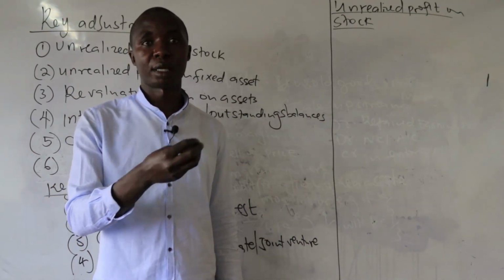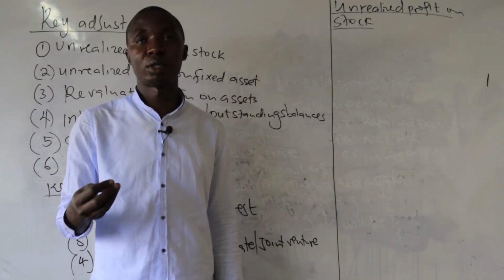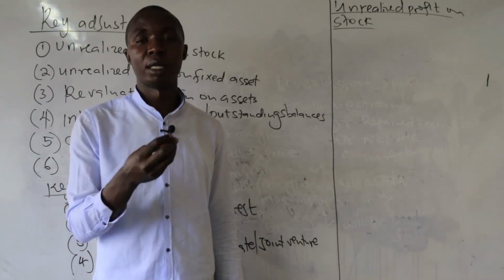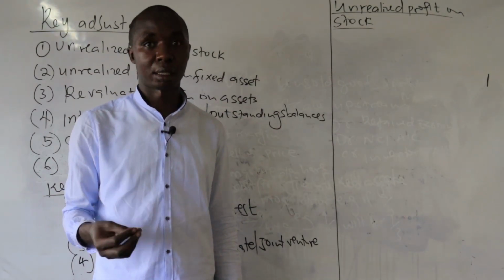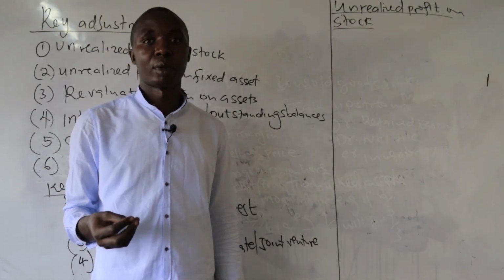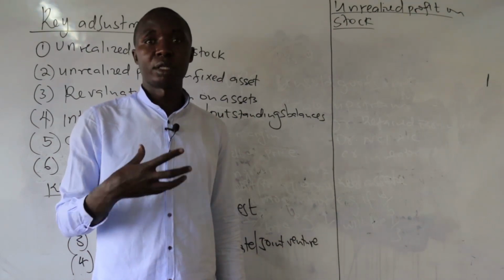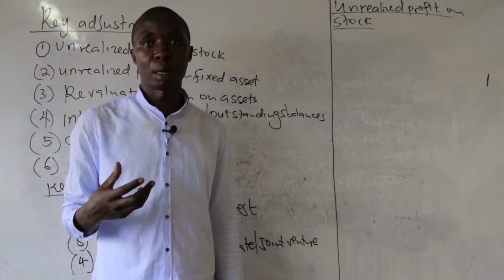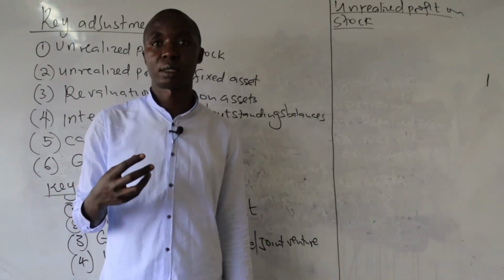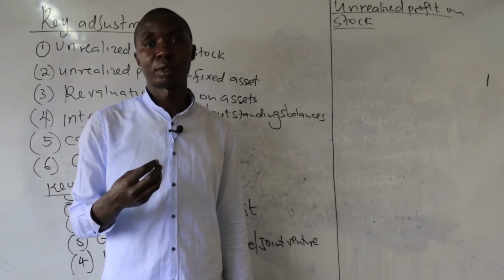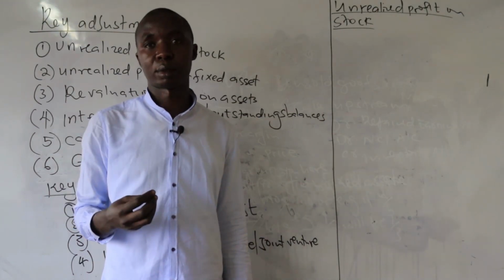If the parent sells to the subsidiary, that is a downstream sale. If the subsidiary sells to the parent, that is an upstream sale. If the parent sold to the subsidiary, the parent realized the profit because the subsidiary paid for those goods.